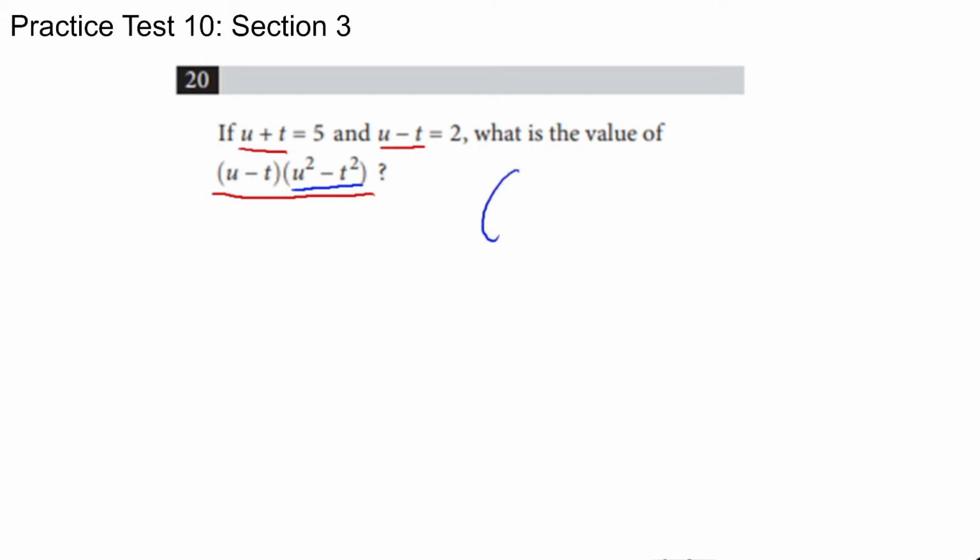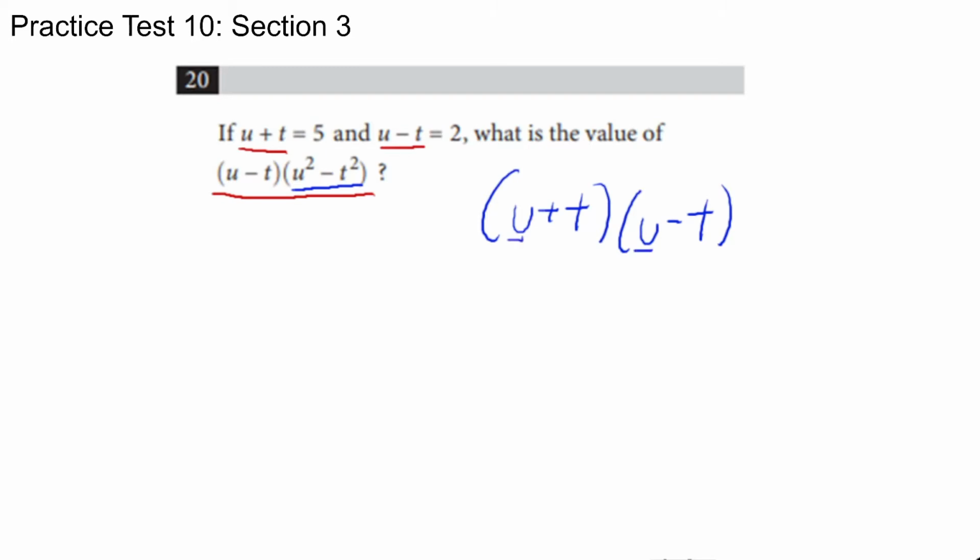So if I had u plus t times u minus t, I could either FOIL or use the box method, whatever you're more familiar with.